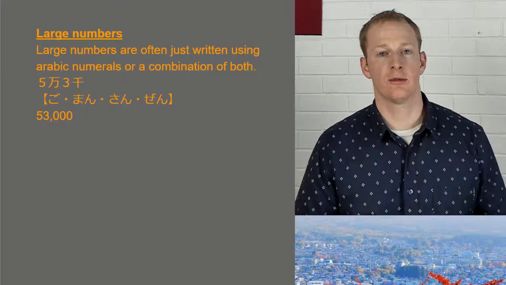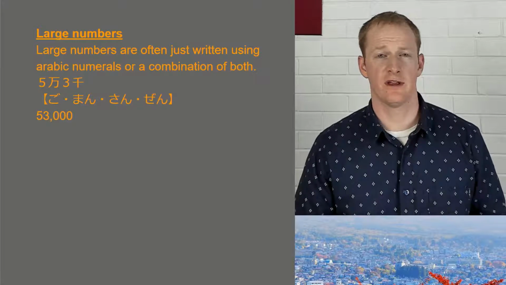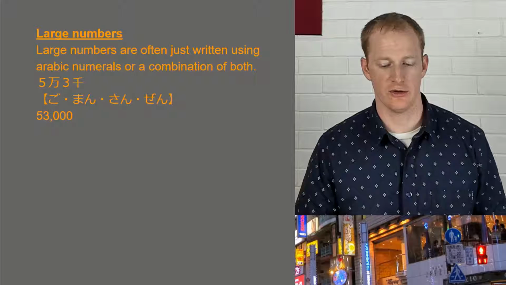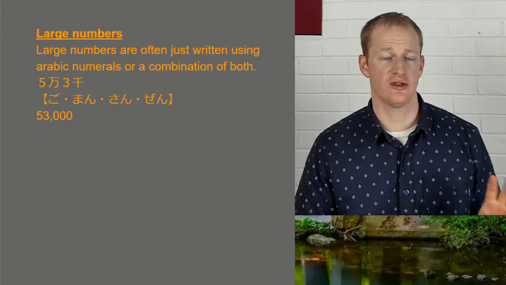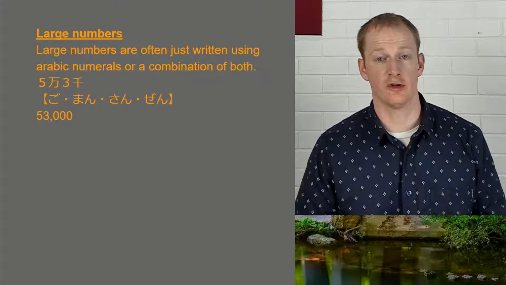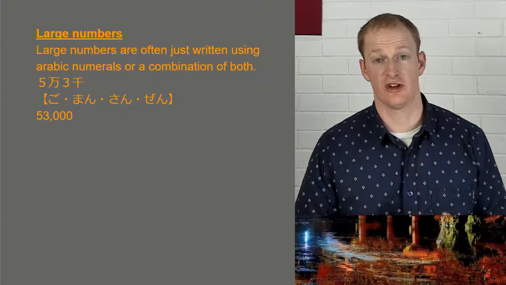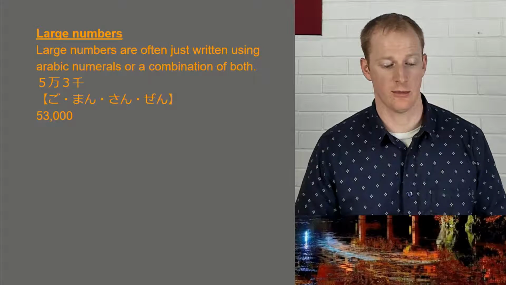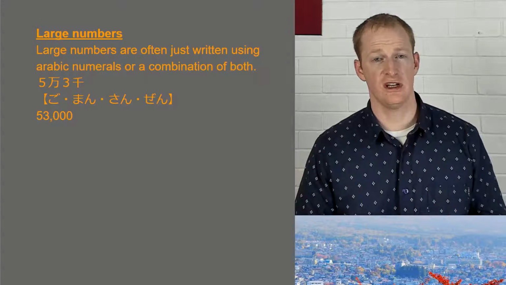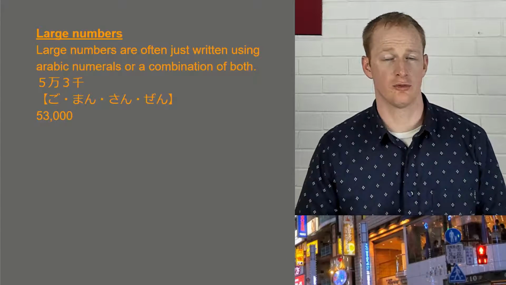Now, when we start talking about really large numbers, often they're just written with Arabic numerals, the kind of English numbers that we're used to, or there's a combination of both Arabic numerals and the Japanese kanji. Large numbers written all in kanji start to look like large Roman numerals.